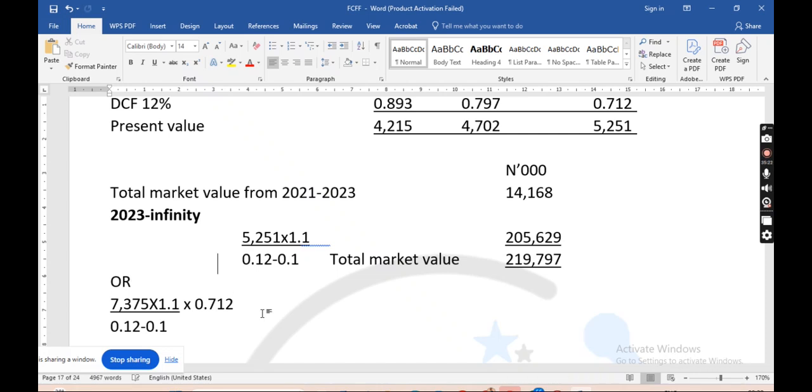So when you do it, you have the same figure, right?